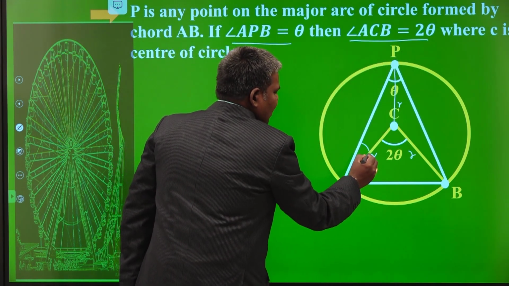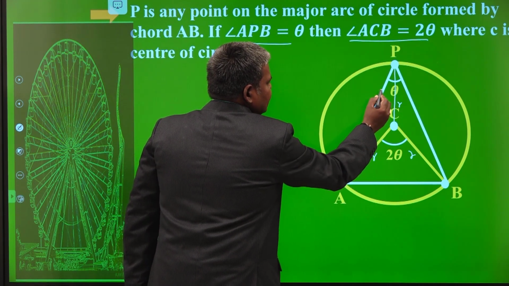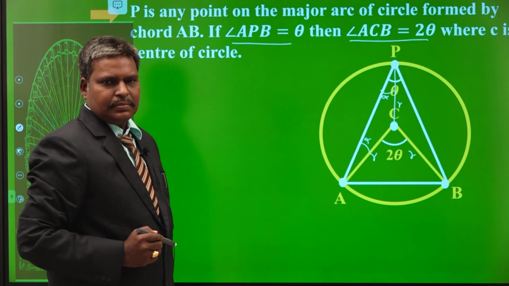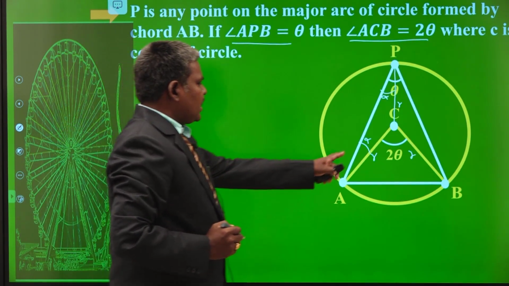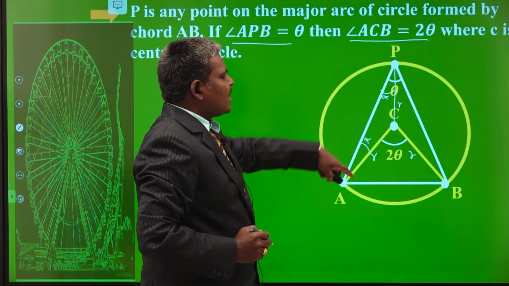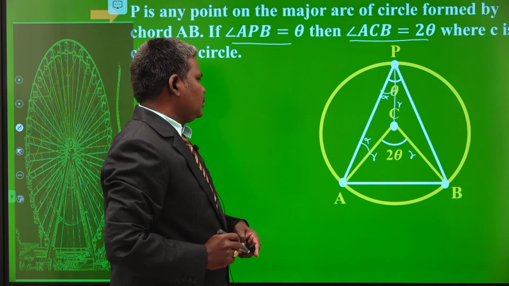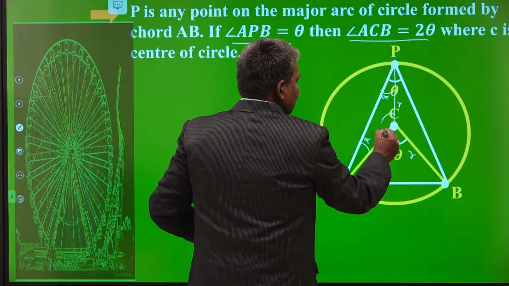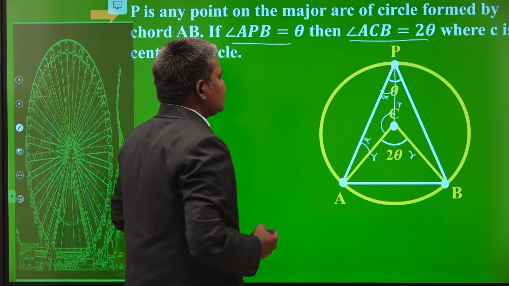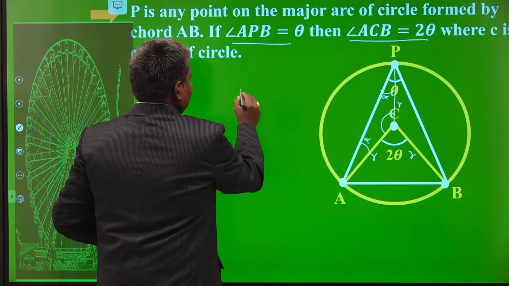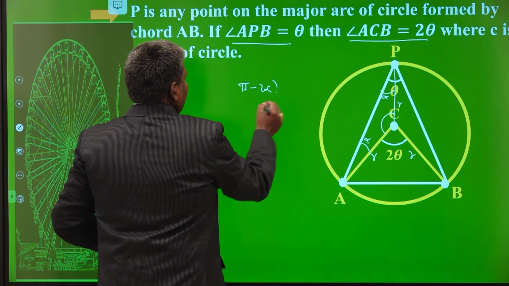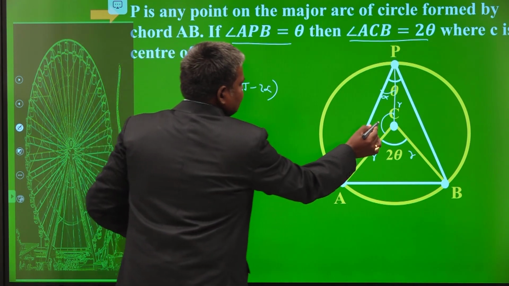So if it is alpha, immediately this is also alpha. Two sides are equal, so their corresponding angles must and should be equal. So both are alpha, then what is the angle here? The angle is pi minus 2 alpha. This is the angle.